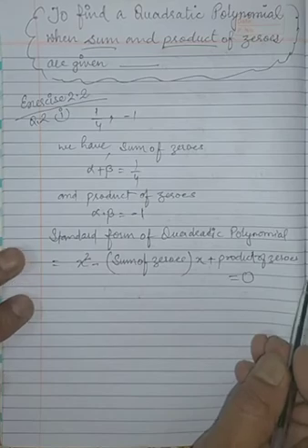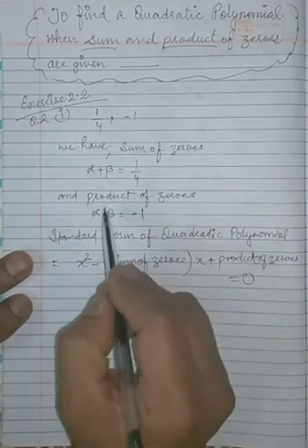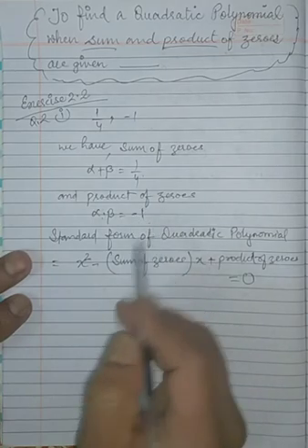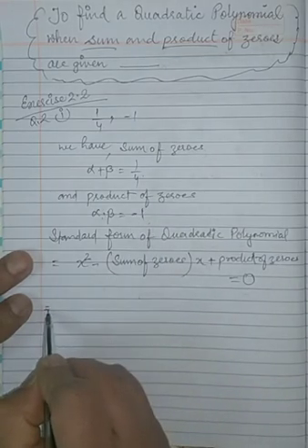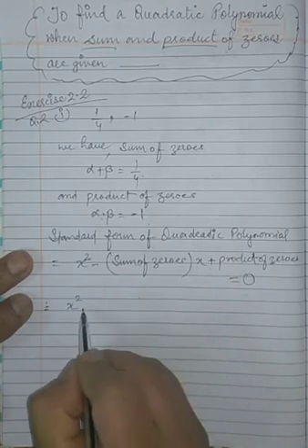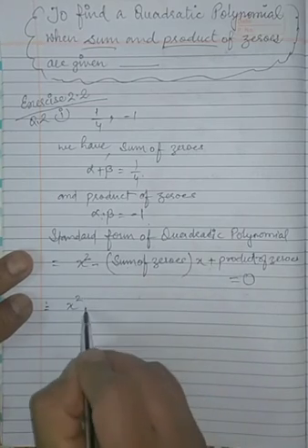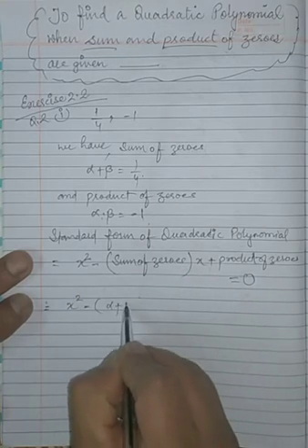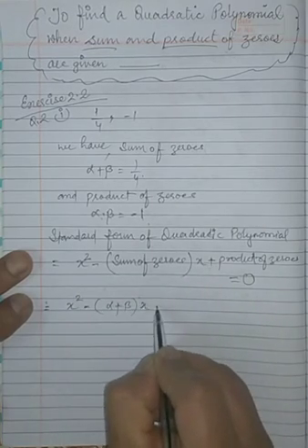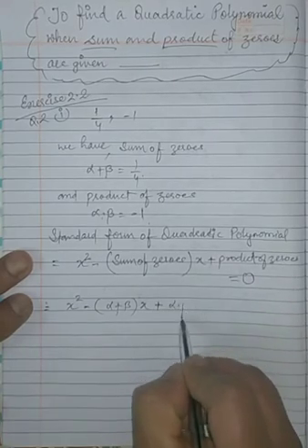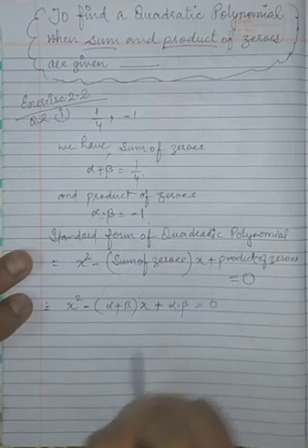Okay, so here we have the sum of zeros 1 by 4, product of zeros minus 1. So we have the standard form of quadratic polynomial, x square minus sum of zeros, which we write as alpha plus beta, into x plus product of zeros, alpha into beta, equal to 0.